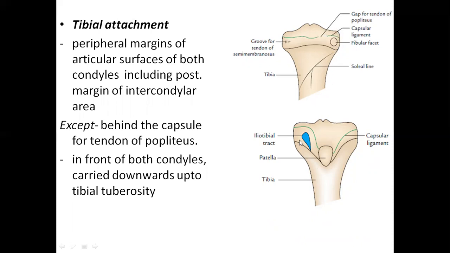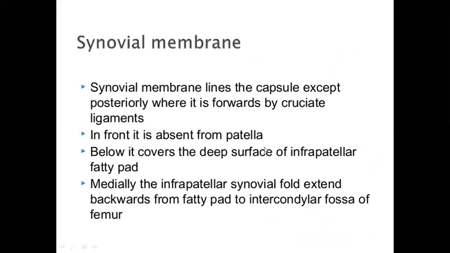Okay, now in front of both condyles it is carried downwards like this. You can see the capsular attachment going downwards up to the tibial tuberosity. Now, like any other joint, the inside of the fibrous capsule is lined by synovial membrane.